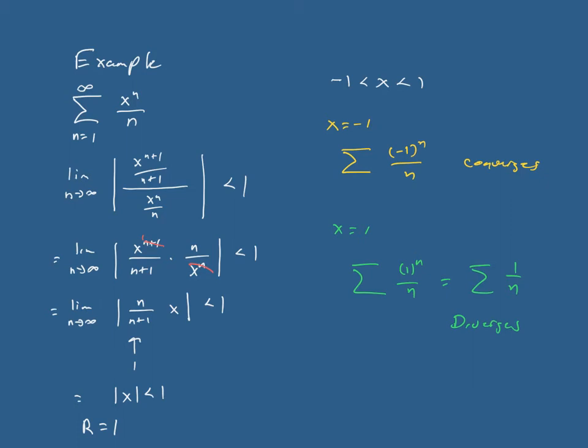So therefore, our interval of convergence on this one is the interval that's bracket -1 to 1 with a parenthesis there, because we are including -1 but not +1. So that would be our final answer for the interval of convergence.